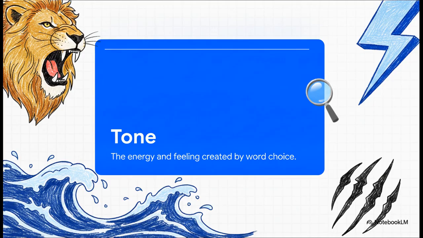And guess what? The marking guideline explicitly rewards you for connecting that roaring alliteration directly to the energetic, borderline violent tone of the first stanza. The examiner really wants to see that you get it. Tone is no accident. It's carefully constructed by comparing that rushing water to a roaring, wild animal.